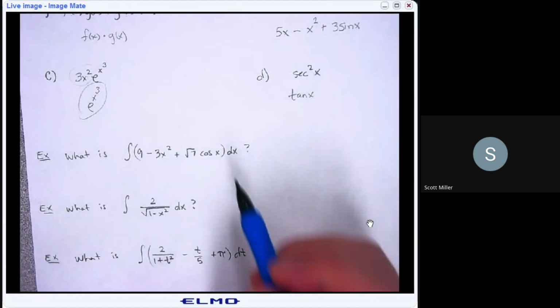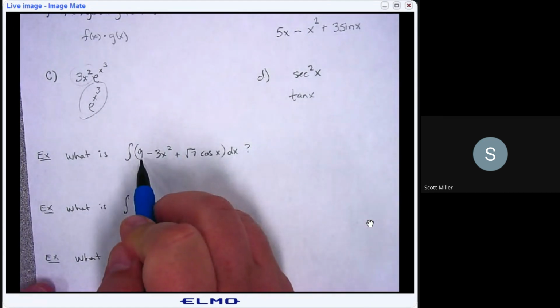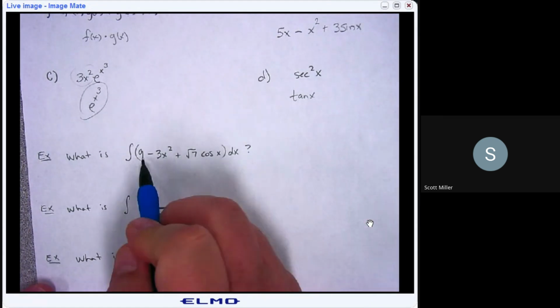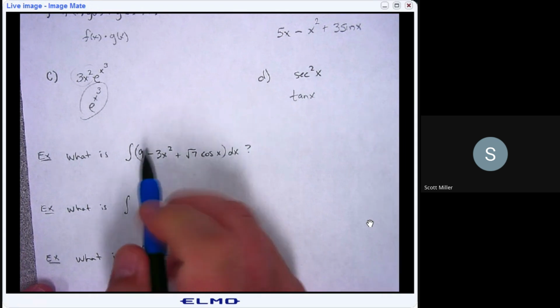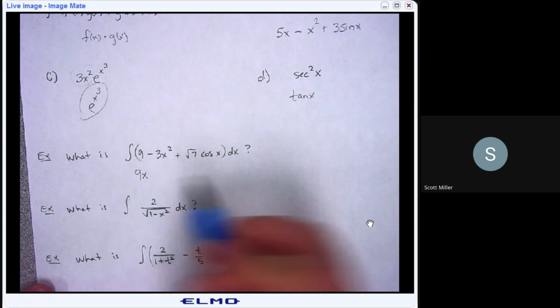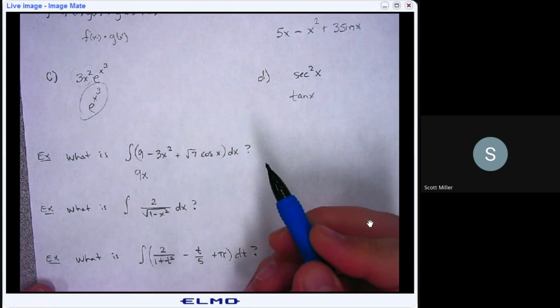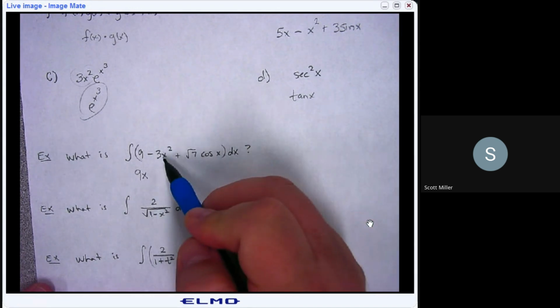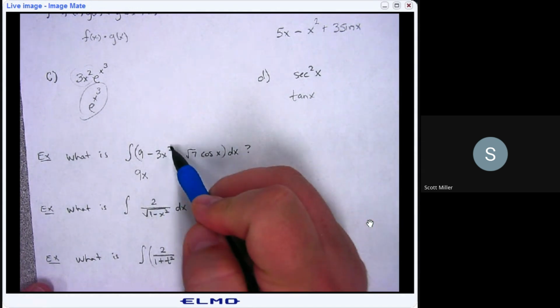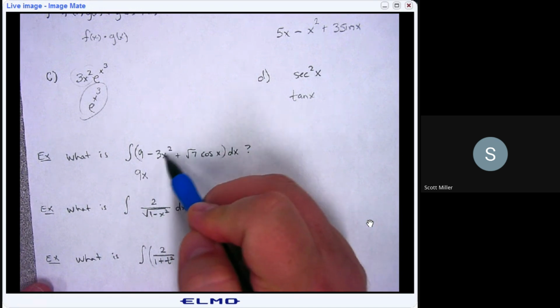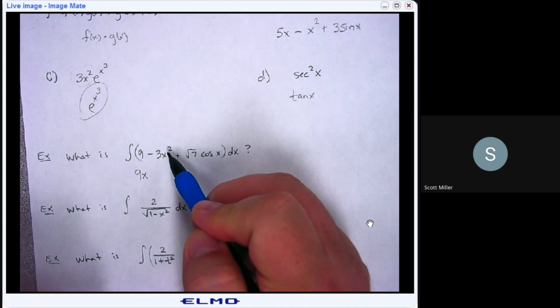And so since we did one very similar to it up here, take one piece at a time, start with this one. The 9, what would be the antiderivative of 9? Well, it'd be 9x. Okay? And then what can I take the derivative of to get this quantity? Well, I see a 3 here and then a 2. So literally, what am I going to do?